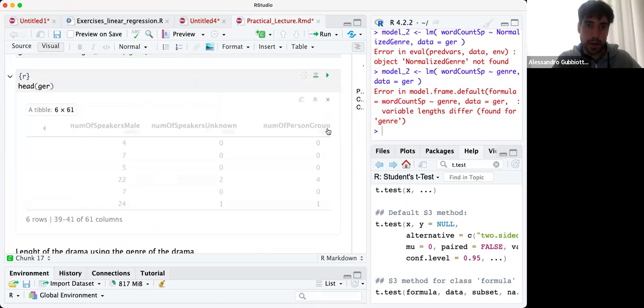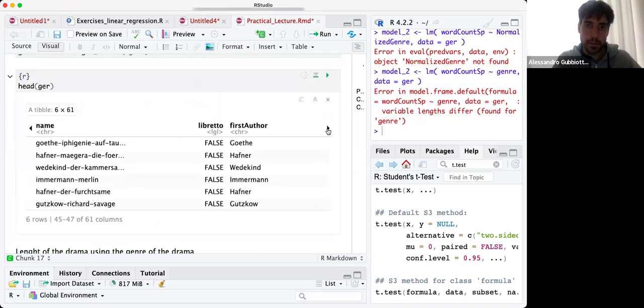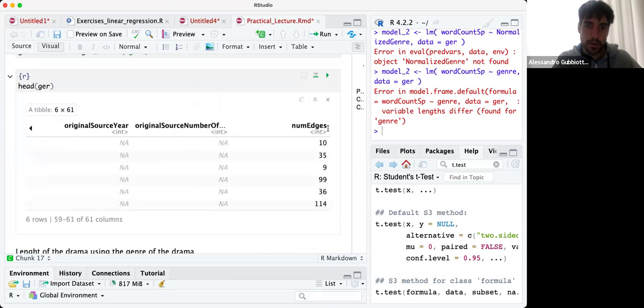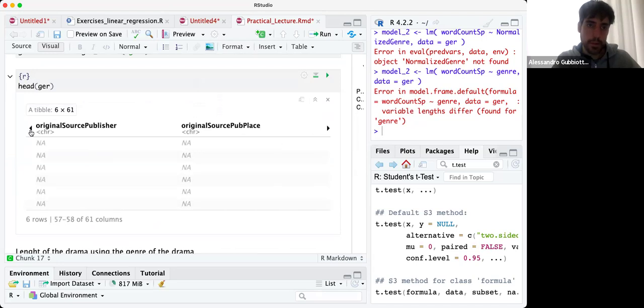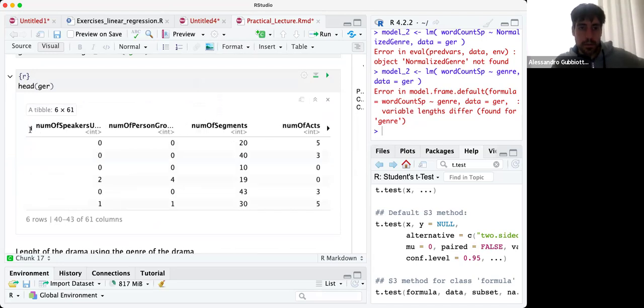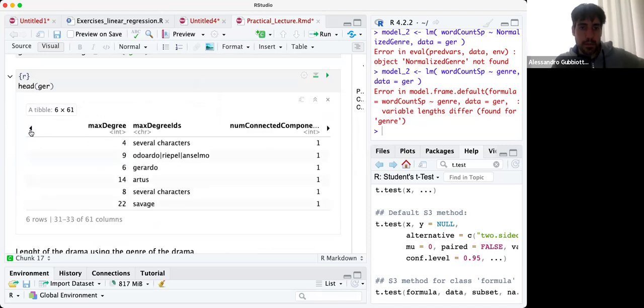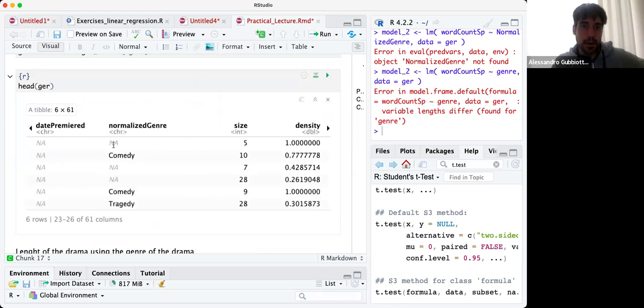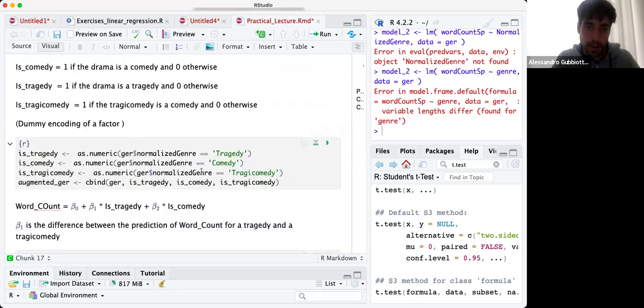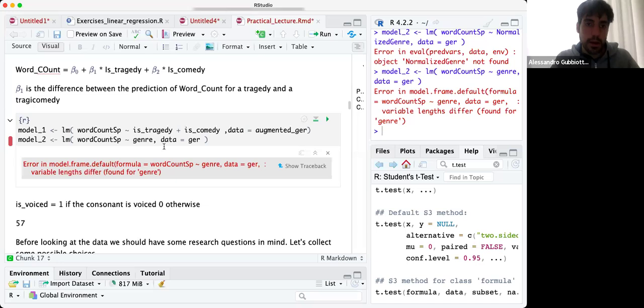I need to go back. Okay, normalized genre. Data normalized genre.